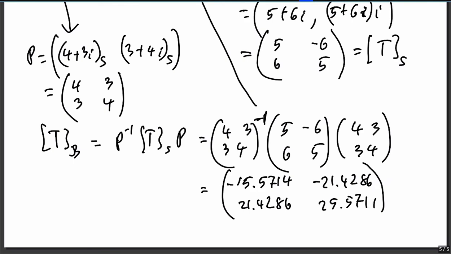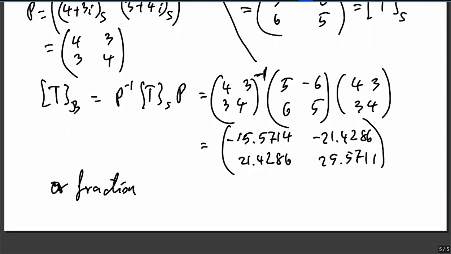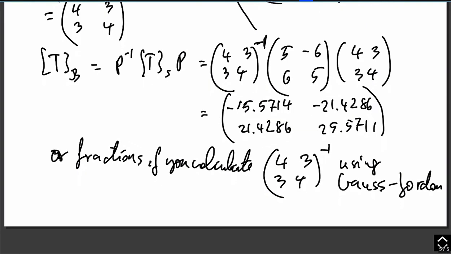Or you can also use fractions actually. If you calculate the inverse of 4334, you get fractions. That's actually better because then you don't have to worry about rounding error, if you calculate the 4334 inverse with Gauss-Jordan elimination.